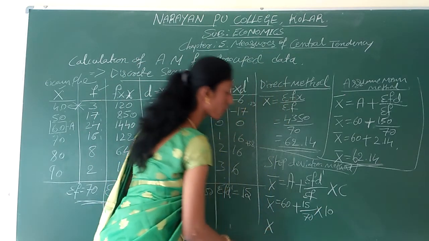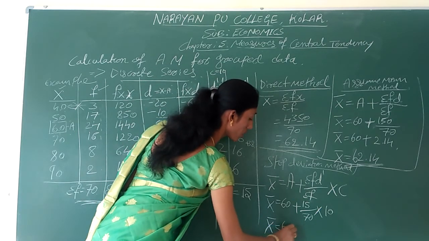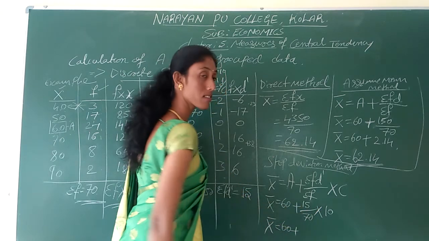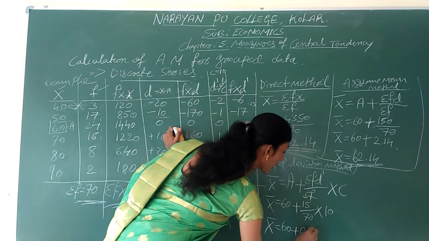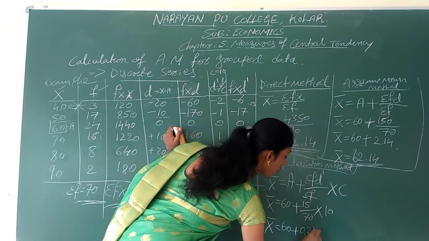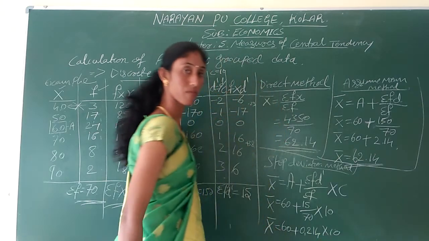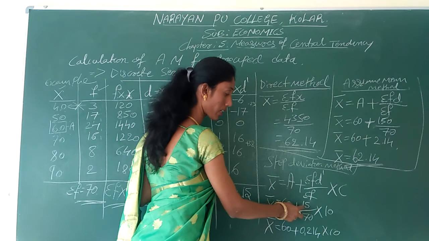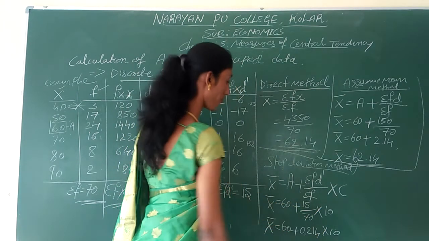Now go for the simplification of this formula. X bar is equal to 60 plus 15 divided by 70. We will get 0.214 into 10. Use the calculator and divide 15 by 70. We will get 0.214.